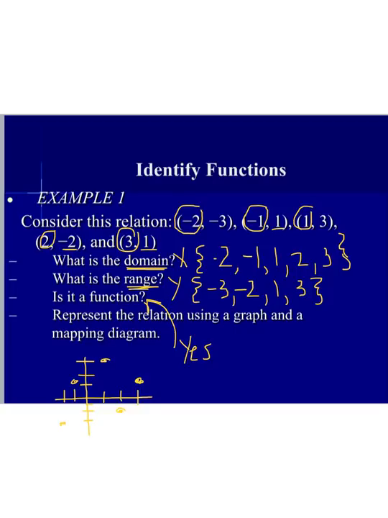That's your graph. Now a mapping diagram is going to have two ovals. On the left side, you're going to put your x values. Hopefully you remember this from Algebra 1. You've got negative 2, negative 1, 1, 2, and 3. And then the y values go on the right side. Again, we're going to list them from least to greatest order.